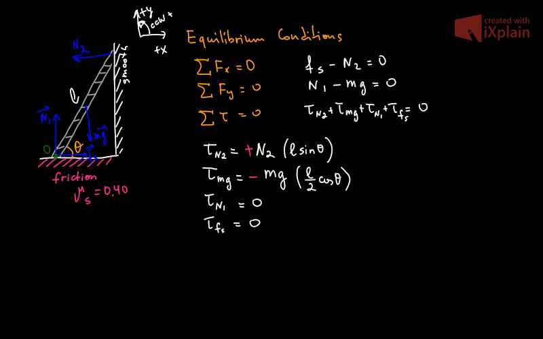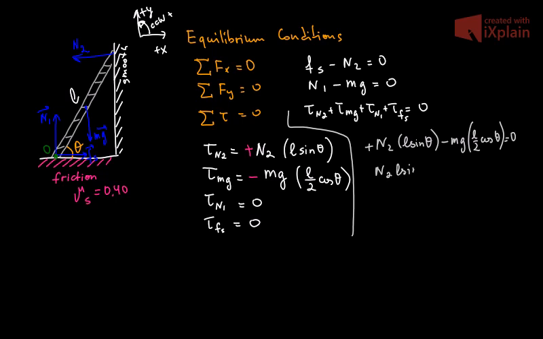Then plug in the numbers. I have a positive N2 L sine theta minus mg L over 2 cosine theta equals 0. From here, N2 L sine theta equals mg L over 2 cosine theta.